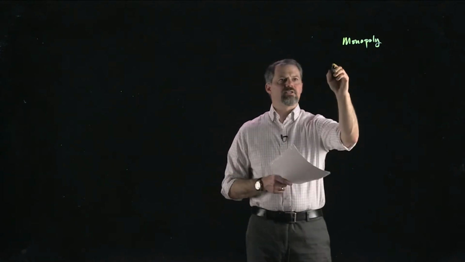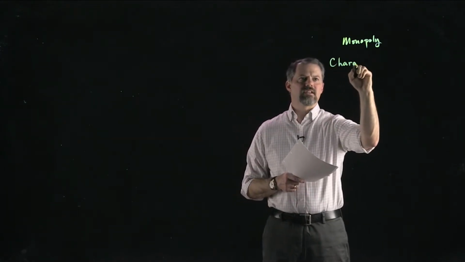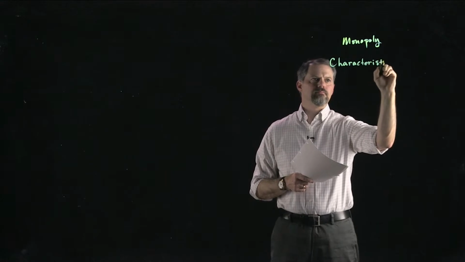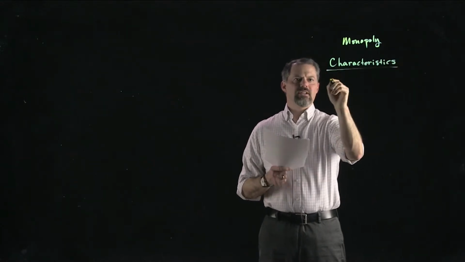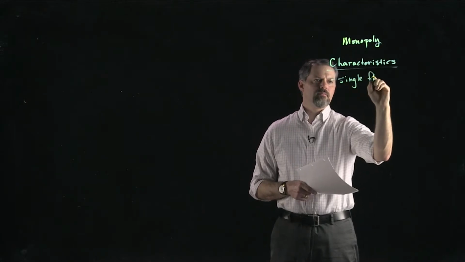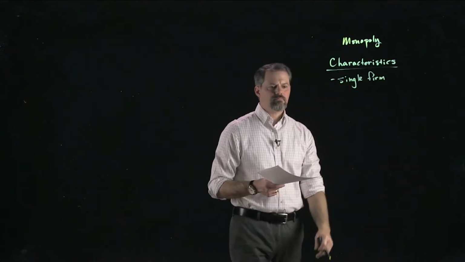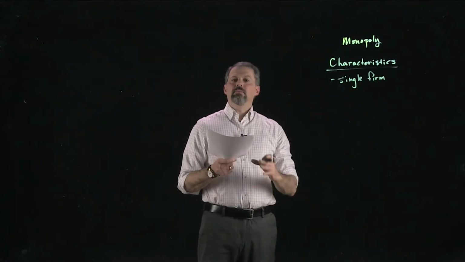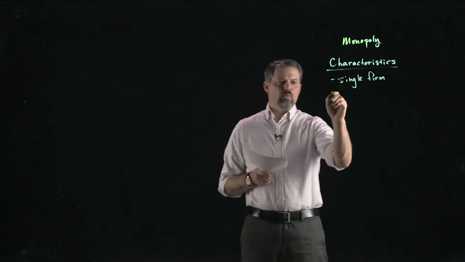So now let's think about what happens with the other end of the spectrum, and that is monopoly. This, of course, is a situation where there's one firm. Let's just put up here the characteristics of this type of market. The first one is that there's a single firm. There's going to be one good, clearly, because there's one firm.